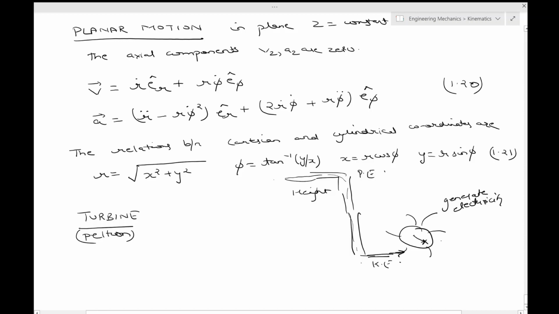You can define this in terms of er, e phi and ez, and in planar of course you can just ignore the z part. And clearly if this coordinate system is attached to it, it will be a function of time and it will change, right, because it's a rotating system, like the turbine will be rotating, and hence you can proceed ahead with this.